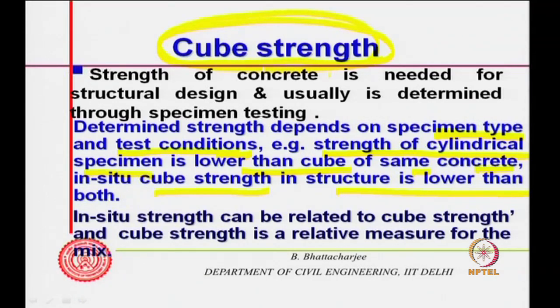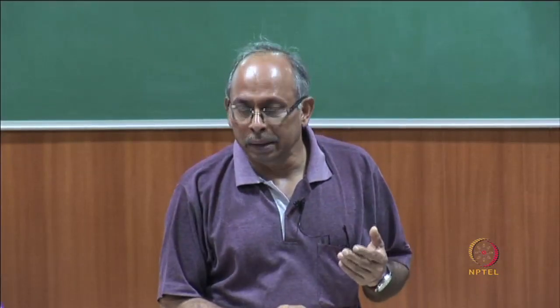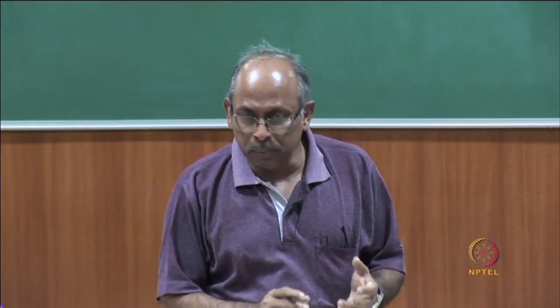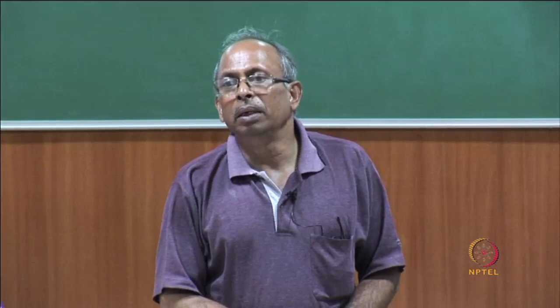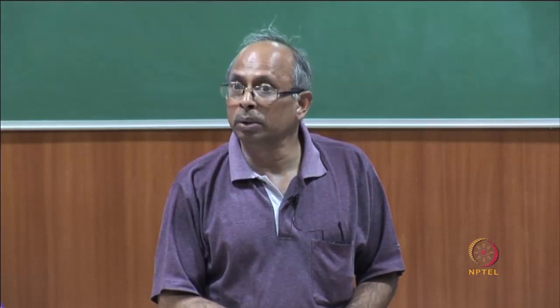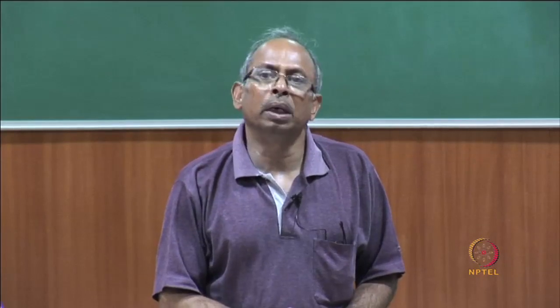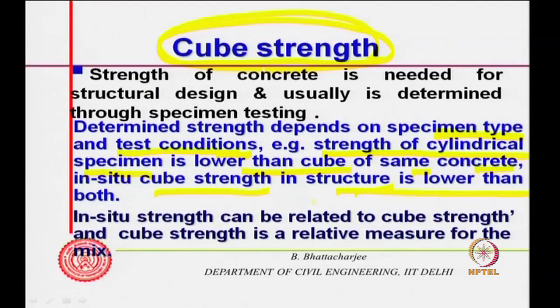Not only in India, Europe and UK, of course, from where the concepts of cube strength came to India, they do use cube. Largely North America and even South America and Japan, those countries use cylinder. So, the type of specimen is very important, and test conditions also affect the strength, that is the first.